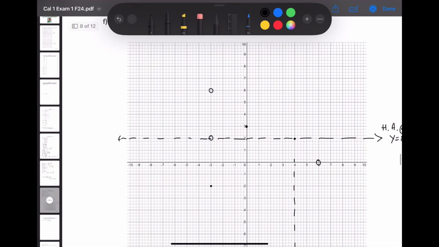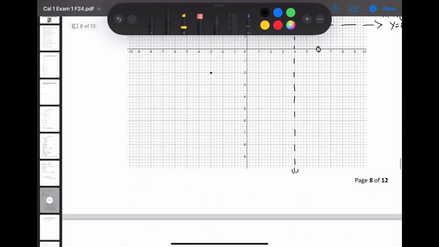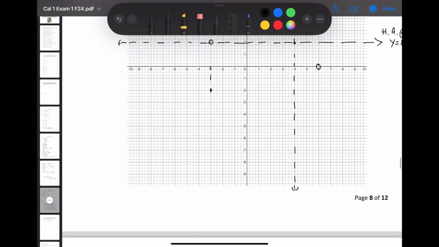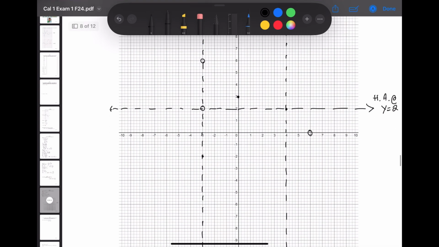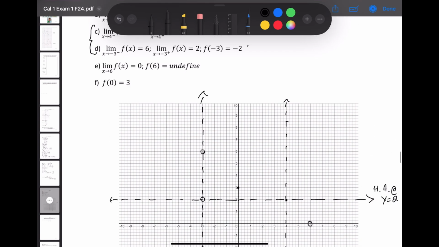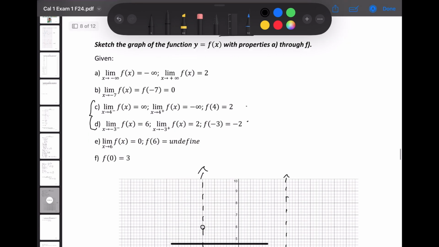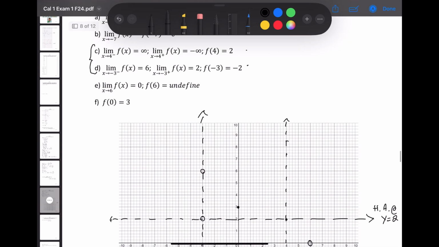Negative 3. It's kind of hard to see. Okay. So now that'll help guide us even more, since I totally forgot that we had restrictions there.